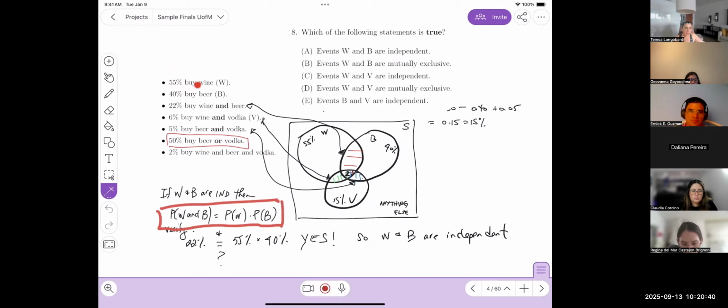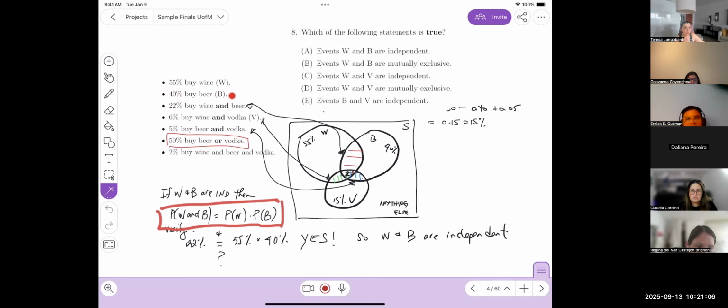Beer. 40% of the people are expected to buy beer. If somebody buys wine, what's the chance that they also bought beer? That's the question we're answering. Does this change? If they're independent, it doesn't change. It's still 40%. When will it change?